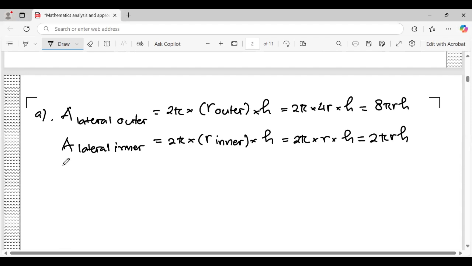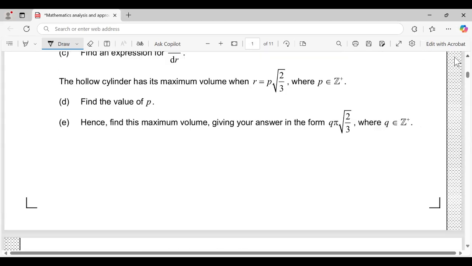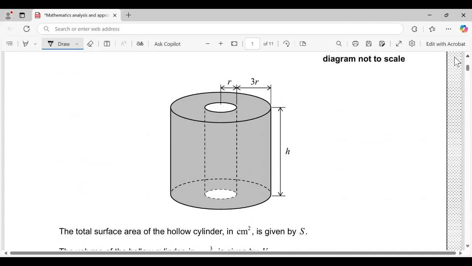Next, top area. The top area is the area facing upwards. We are going to calculate this area, and after that, this area. The base area is the same as the upward area.